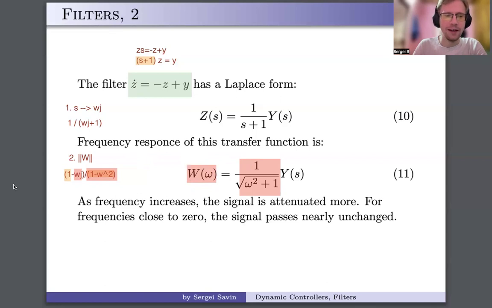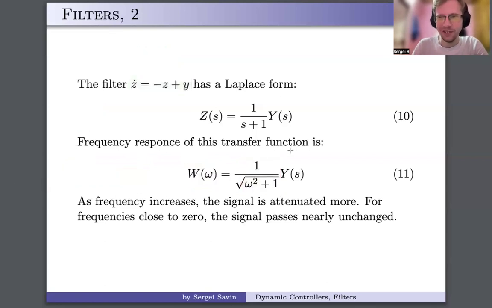Okay. Now, how much does it attenuate? Let's see. Well, if omega is small, let's say almost zero, then this whole transfer function becomes 1. 1 over square root of 1 is 1, right? So on the low frequencies, it doesn't do anything.